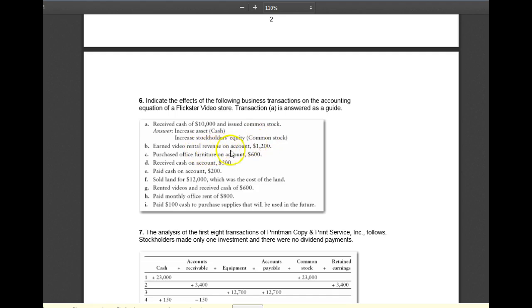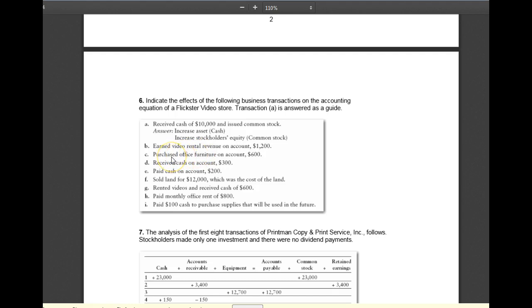So you're going to look at each one of these and you do the same thing. Is this, we earned video rental revenue on account. Well, that's going to be an increase of a revenue account, which means it's going to increase the owner's equity, and it's going to be an increase in a receivable or an asset because they put it on account.